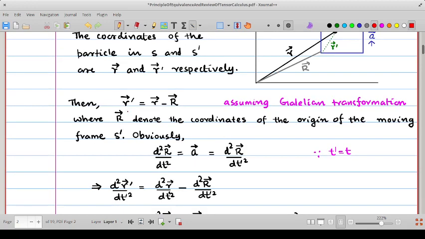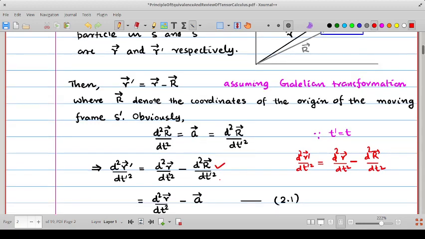So taking the derivative with respect to time twice, I will have d square r dash by dt square. But since t is the same as t dash, I can also write this as dt dash square, equal to d square r by dt square on the right hand side minus d square capital R by dt square. So that is this equation.